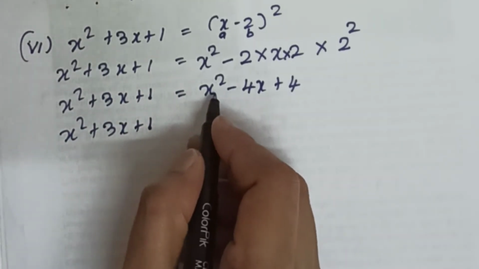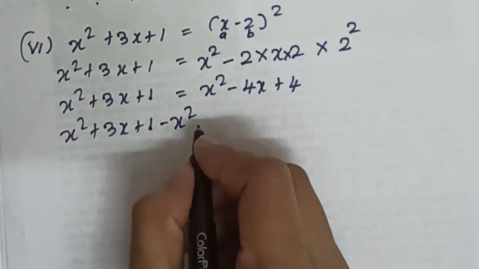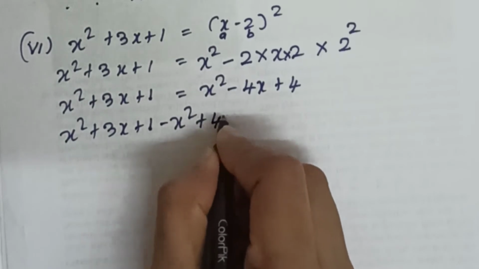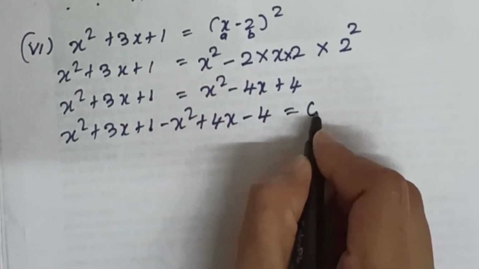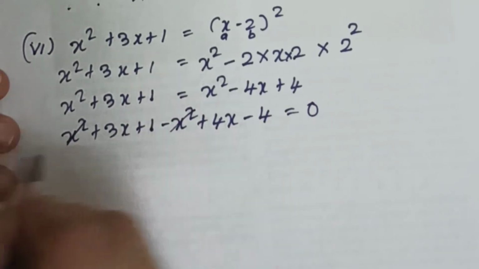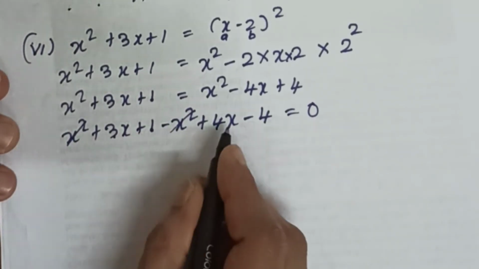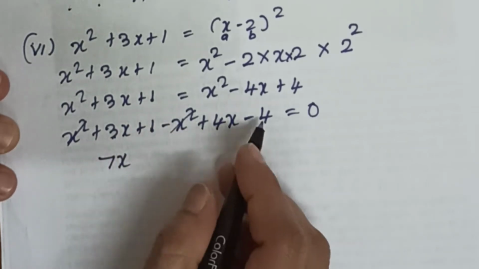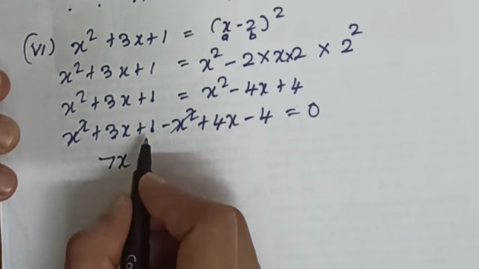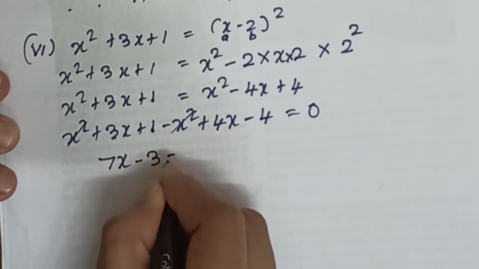Plus x square when it goes to the left hand side will become minus x square, minus 4x goes to the left hand side to become plus 4x, plus 4 when it goes to the left hand side becomes minus 4. Now x square and minus x square both got cancelled. Now 3x plus 4x, 3 plus 4, 7x. Here it is plus 1 and here it is minus 4, so it will become minus 3 equal to 0.